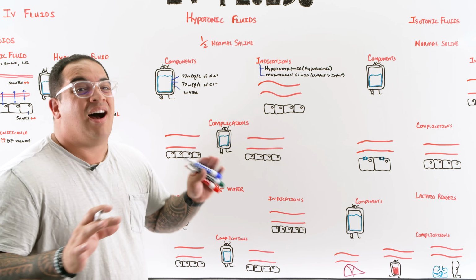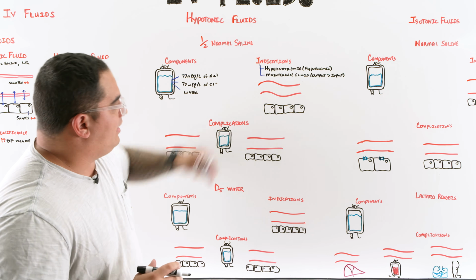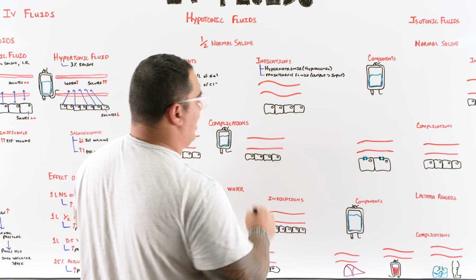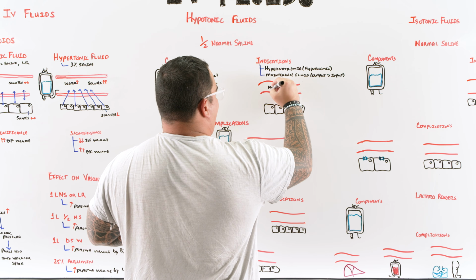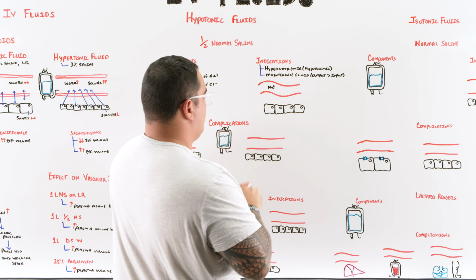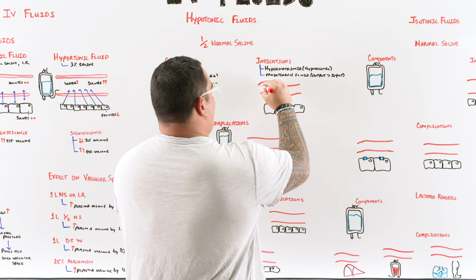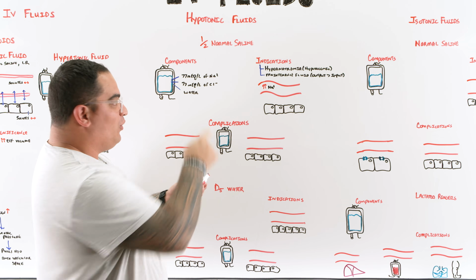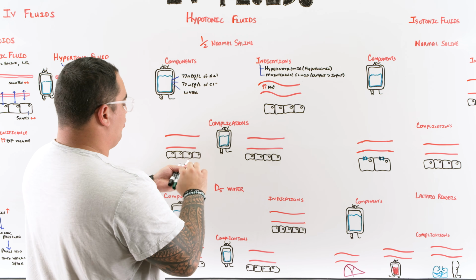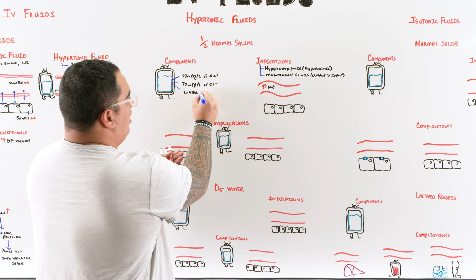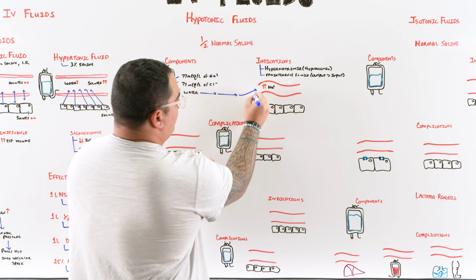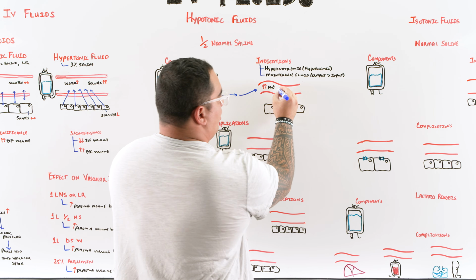So that's a very, very common scenario here, because when you think about this, we give this in patients who have hypernatremia because usually they're gonna have a very high amount of sodium. And because they have high amounts of sodium, when you give them this solution, what you're really doing is giving them a ton of water. And by giving them a ton of water, what are you going to do?